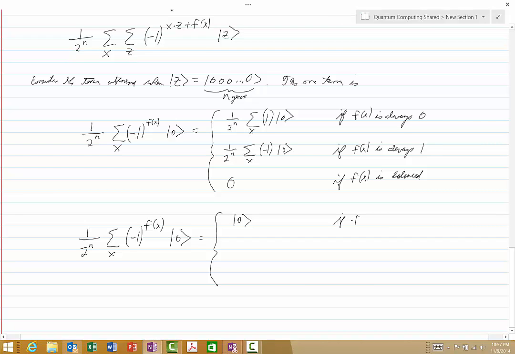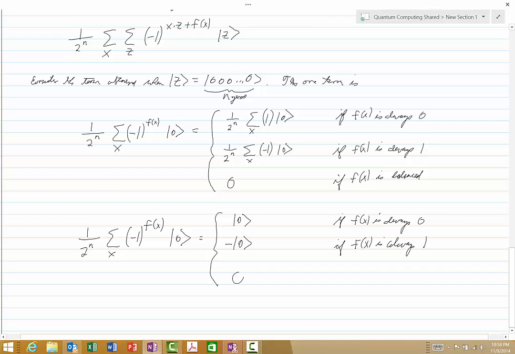if f of x is always 0. On the other hand, if we're in this case, then we get negative 1, 2 to the n times. And so this would give us negative 0 if f of x is always 1.